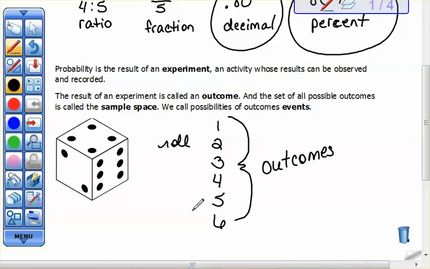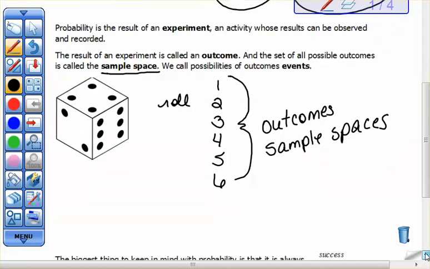Now, when I look at all of the possible outcomes together, we call that a sample space. Together, it's a sample space. Individually, it would be considered an outcome. We also call the possibilities of all these outcomes events. So that's another way of thinking about them.